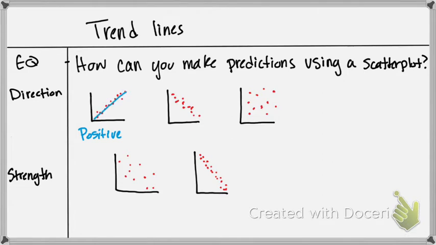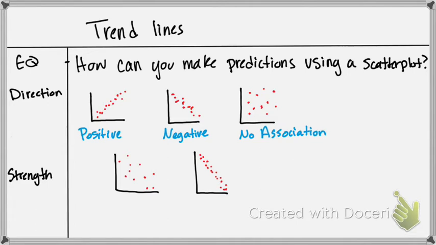For the next one, our trend line is going to go down, so we know it is a negative association. And then the last one, we have no association. There's no pattern on this one, so we can't really say that our trend line is going up or down. Those are the three types of directions that we can identify in our scatter plots.